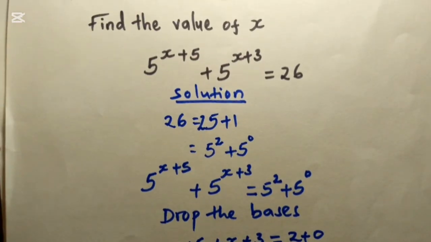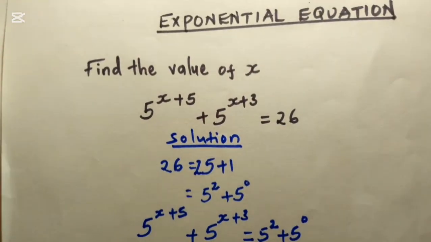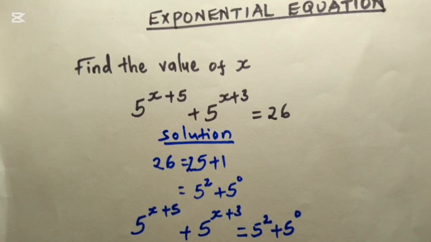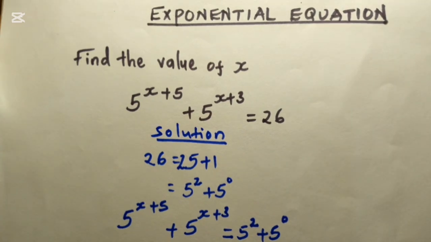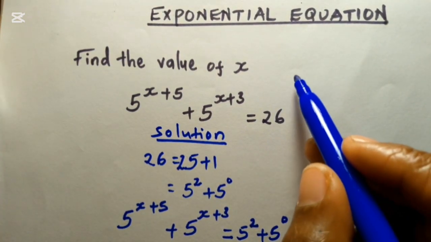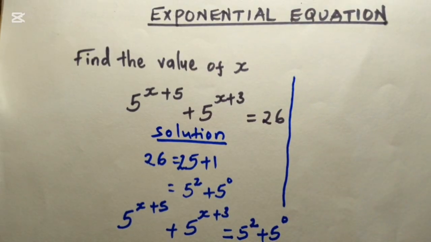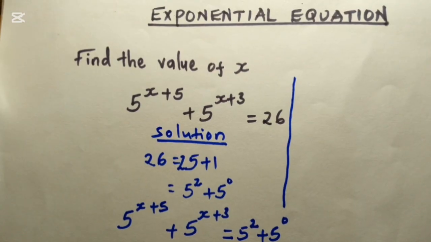We can prove to see whether our answer is correct. Remember, I always tell my students that every other time you do a question in mathematics, you can always mark most of the questions for yourself. So in this case, our x has been negative 3. We can substitute wherever we have x with negative 3 and see whether we're going to get 26.